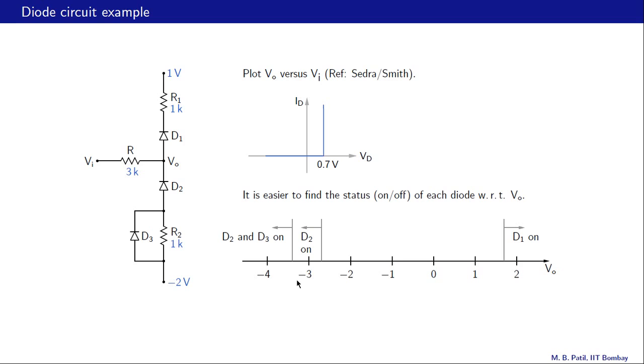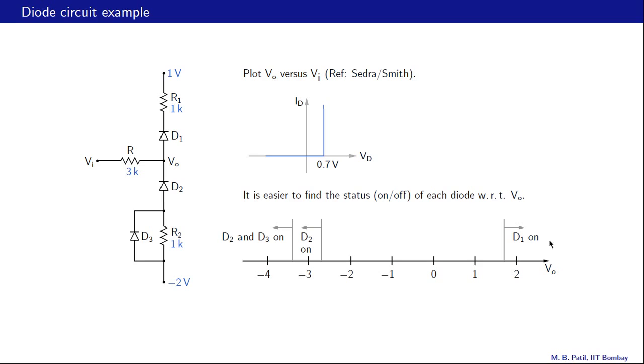And the value of VO at which D3 turns on is indicated over here. So as VO is reduced, that means increased in the negative direction, first D2 turns on, and after some point D3 also turns on. So in this region we have both D2 and D3 conducting. Here we have only D2 conducting. In this region none of the diodes is conducting, and in this region only D1 is conducting.